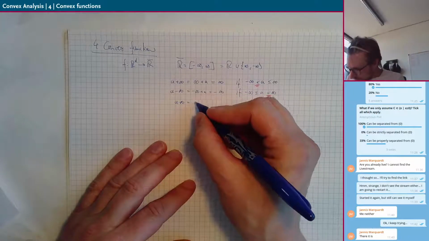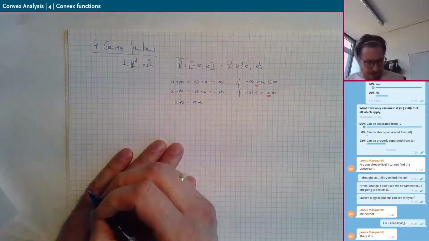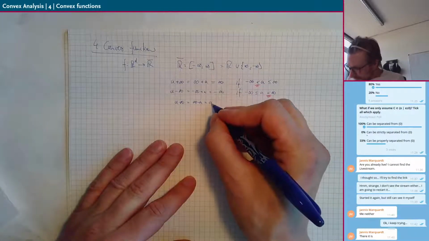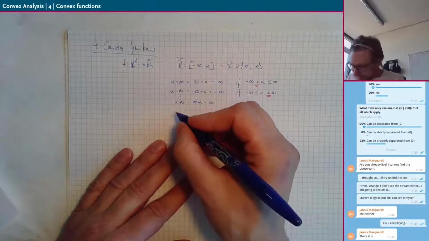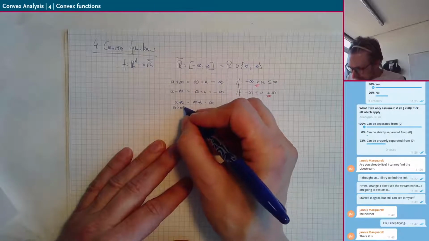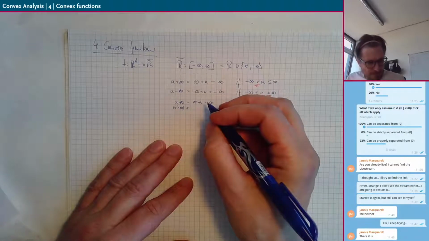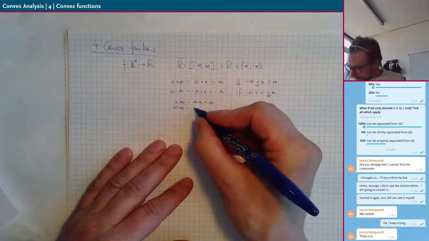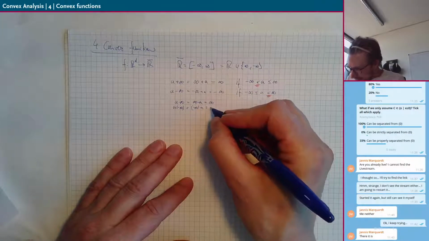This should of course be the same as infinity times a, and should be infinity. And similarly, a times minus infinity should be minus infinity times a, and should be minus infinity.